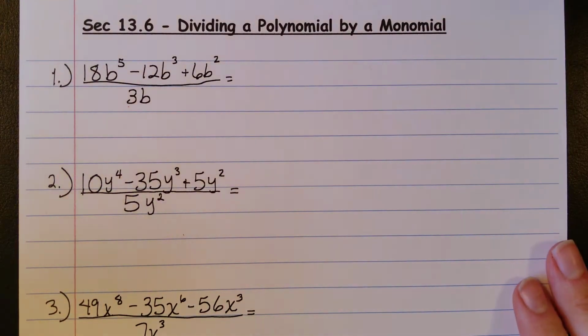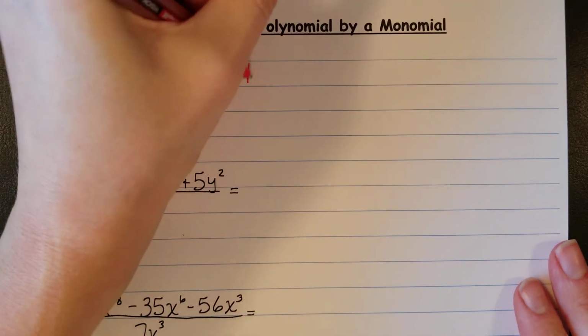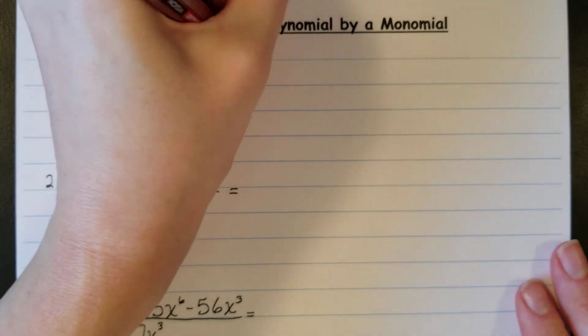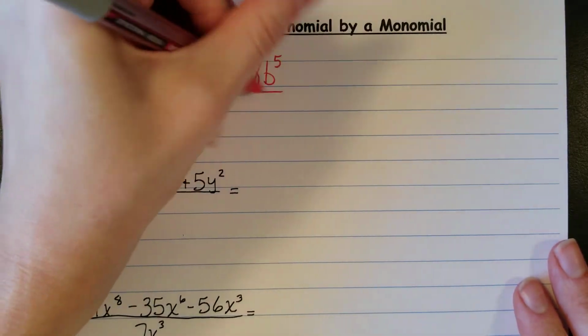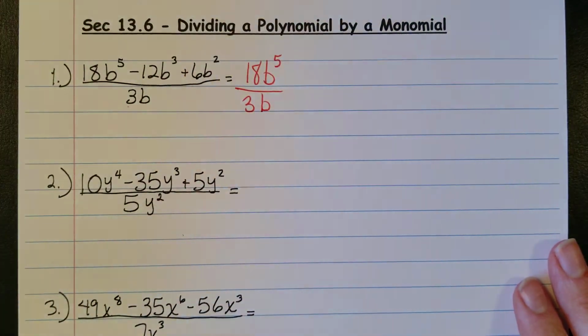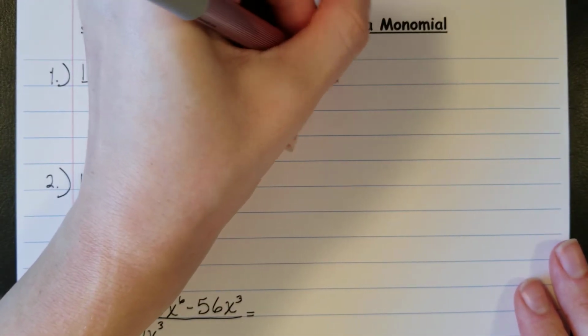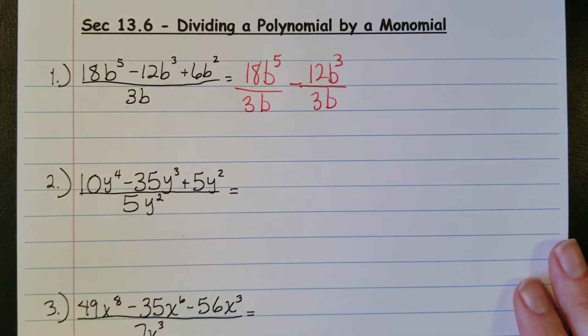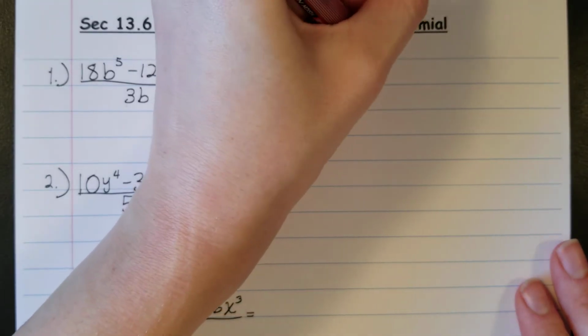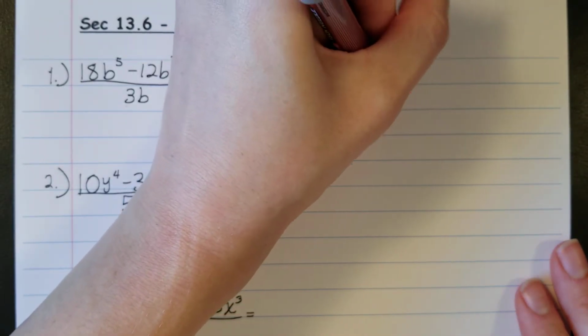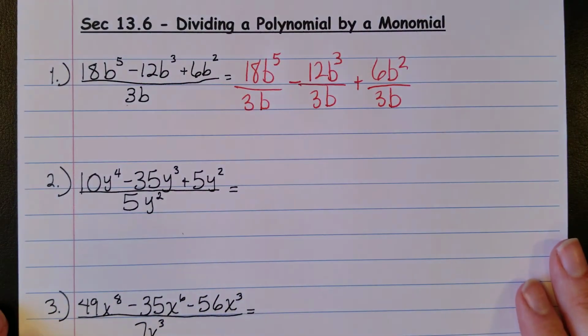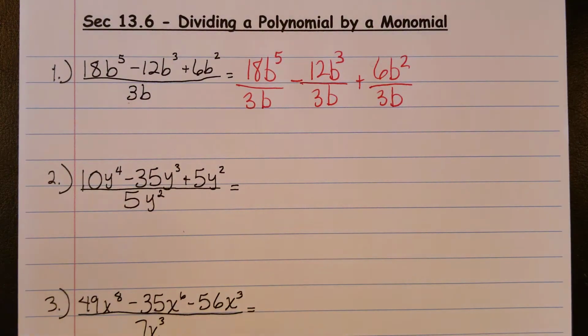Number one: we're going to have 18b to the fifth over 3b minus 12b cubed over 3b plus 6b squared over 3b. And then we're just going to reduce.